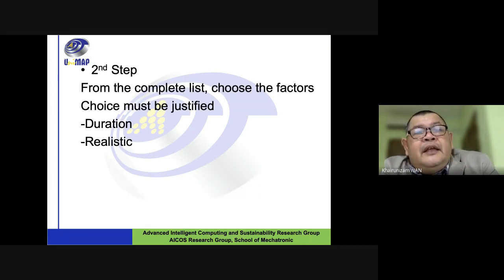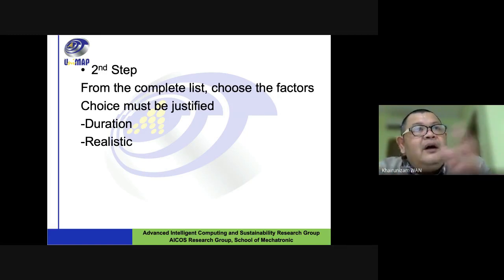Comparing final year projects, or undergraduate projects, with master degree projects, of course the duration of the master degree is longer. Final project is only 1 year, master degree is 2 years, and doctoral degree is 3 years.